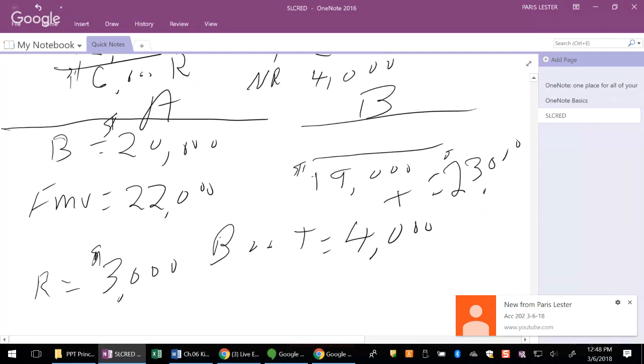So what's my basis? 20 from 23 is what? Now, since that was all cash, it's all taxable. But the basis of your property still stays at 20. Your holding period stays the same.